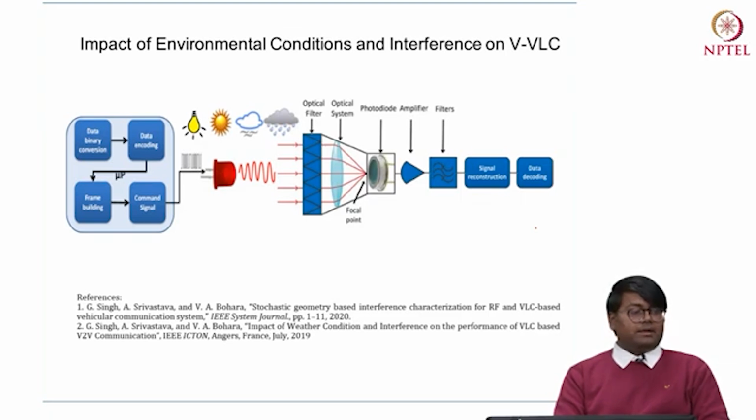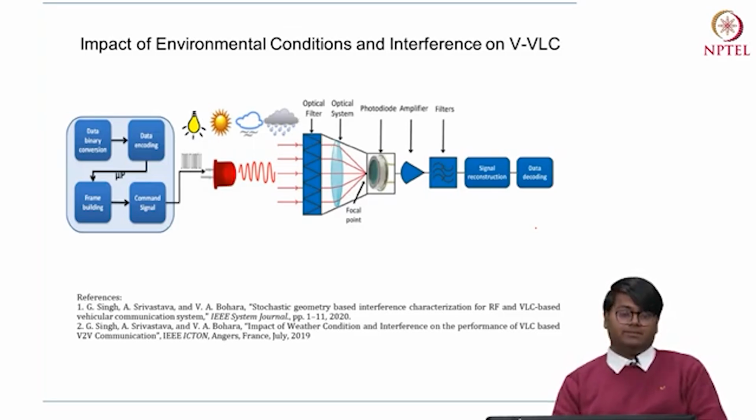Now, next we see the impact of environmental conditions and interferences on the performance of vehicular VLC. The major difference between outdoor and indoor vehicular VLC application arises due to the influence of noise and ambient light interferences.